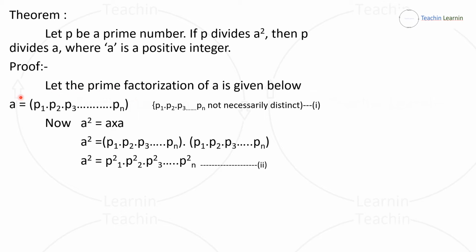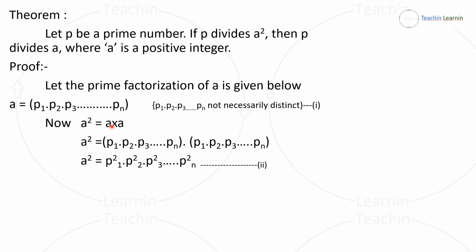So what we have done is expressed A as a product of primes. Now it is given that P divides A square. Before that, A square can be written as A into A. So we have expressed A as a product of primes.